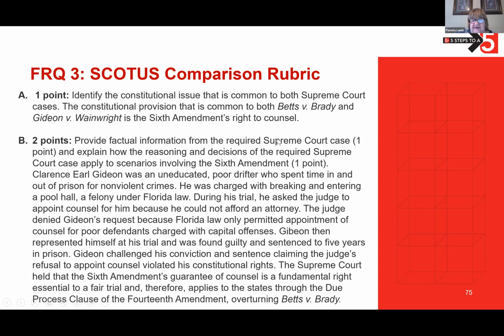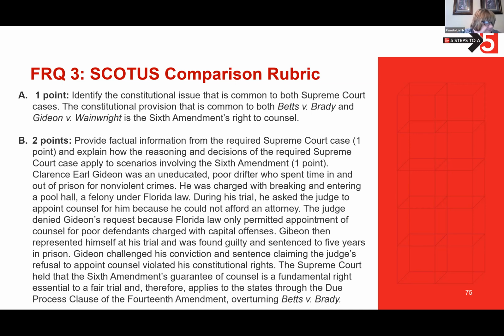Then you had to provide factual information, which gave you 1 point in B, and then explain how the reasoning and decisions applied to that scenario of the Sixth Amendment. And so here's some of the facts about who Clarence Earl Gideon was, what he did, way more information than was necessary, but certainly let the reader know that they understood that case.